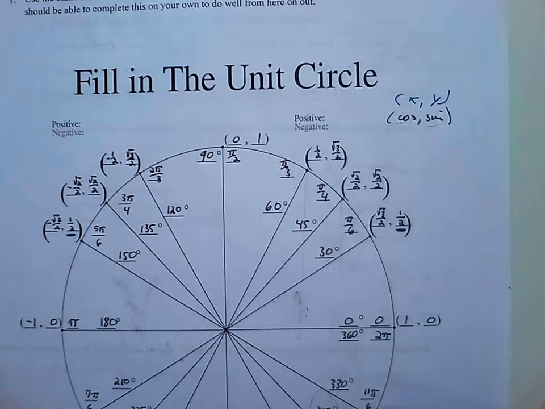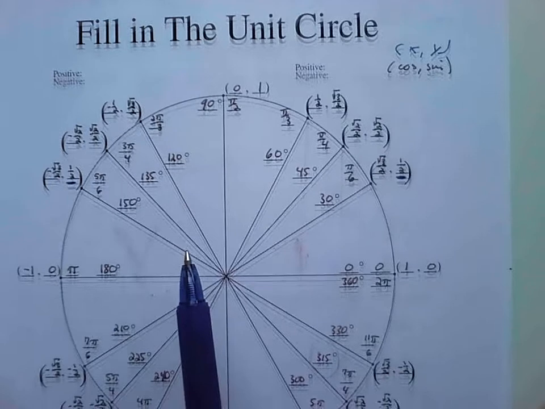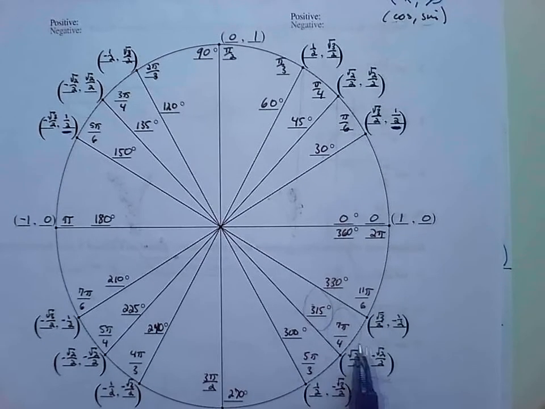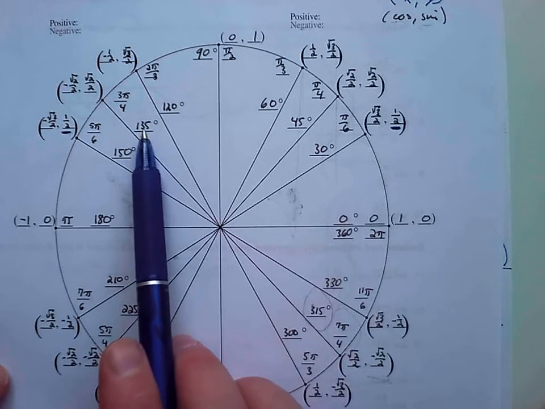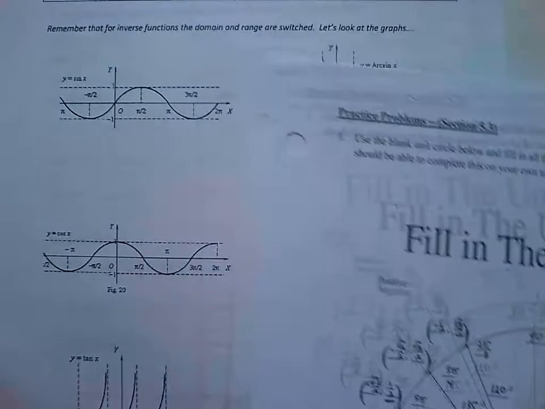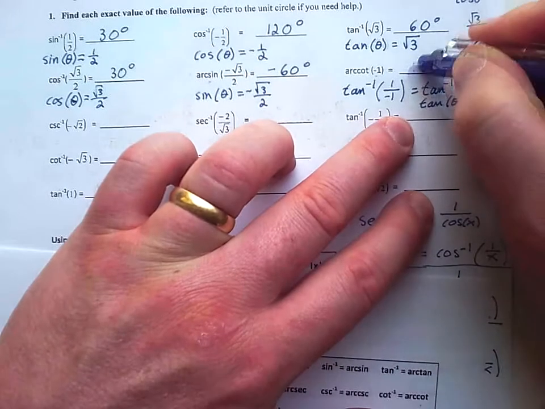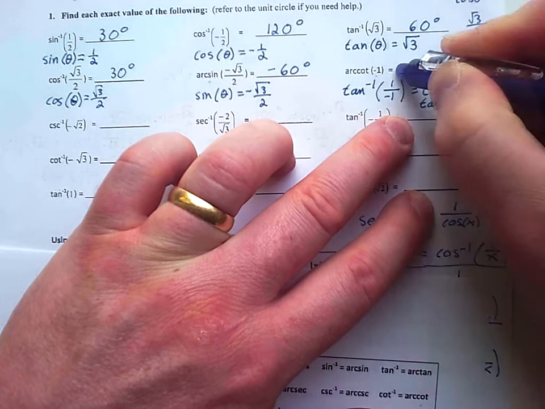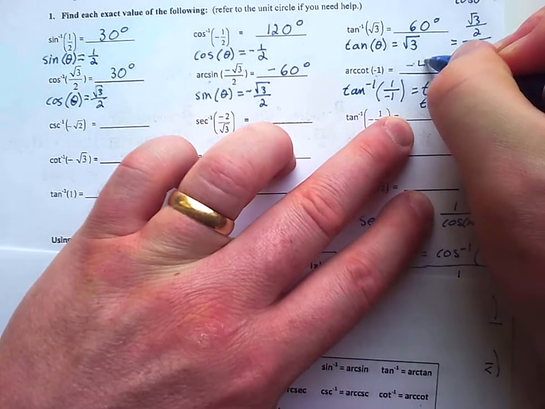So what we need to have is not 135 degrees, but instead we're going to be over here, because 315 degrees is the same thing as -45 degrees. So we can't use 135. We need to be at -45 degrees. So this right here is not right. This right here should not be 135 degrees. This right here should be -45 degrees.